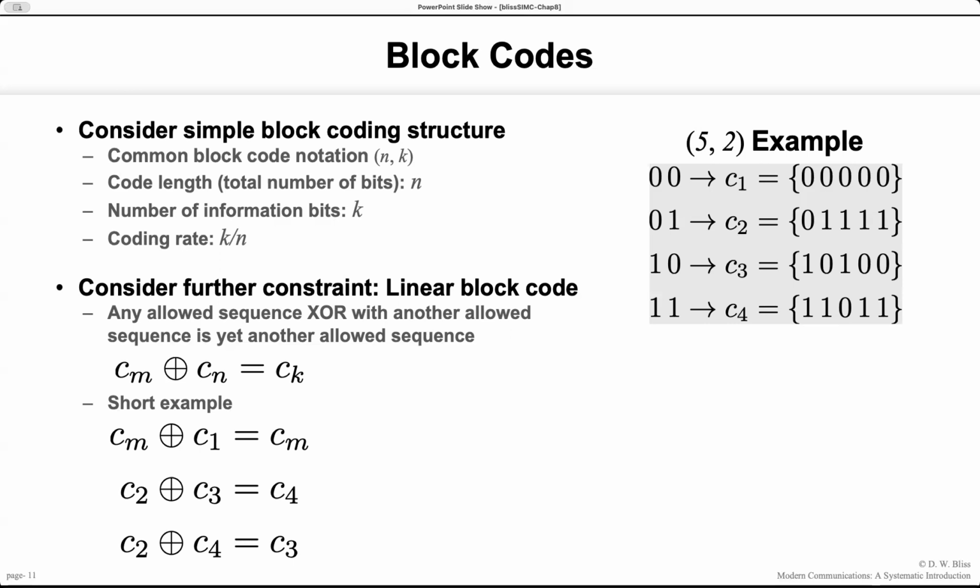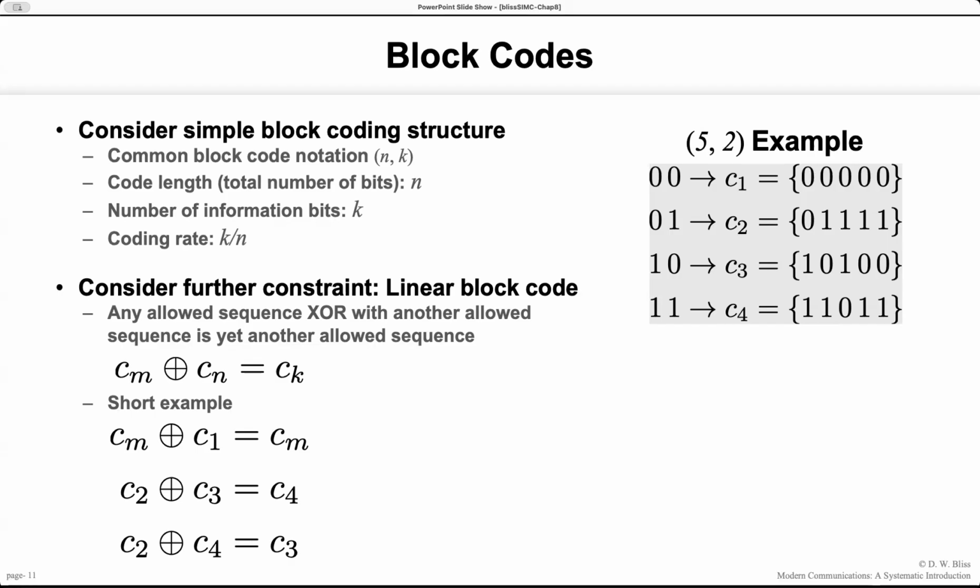So let's take a look at this. If I add code word 2 to code word 1, and we do this addition just along each bit in the column, there's no carry across columns. So if we add code word 1 to code word 2, well, code word 1 is all zeros, so you just get code word 2 back, right?